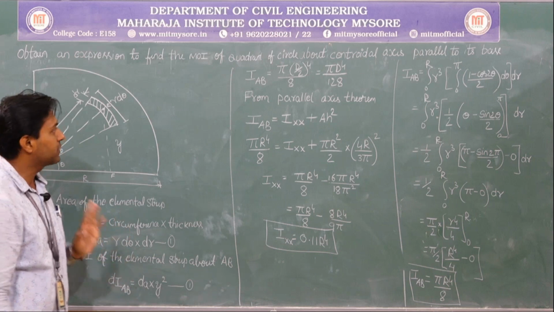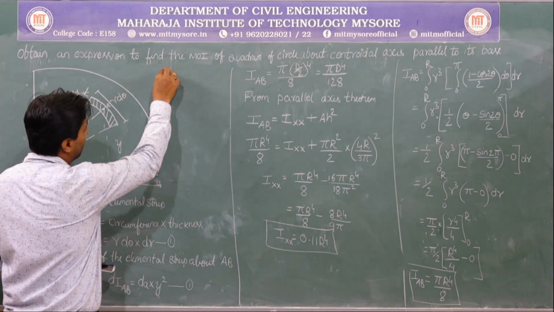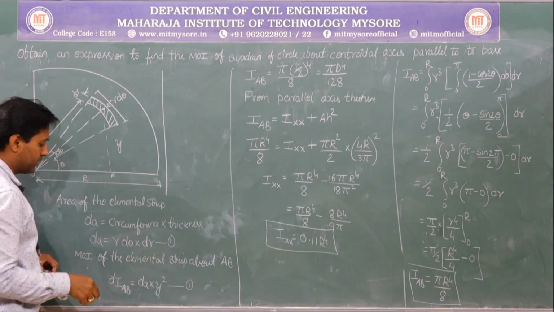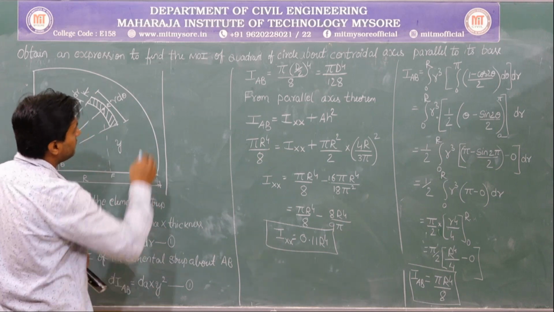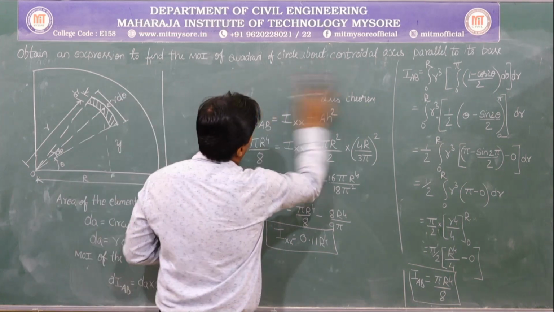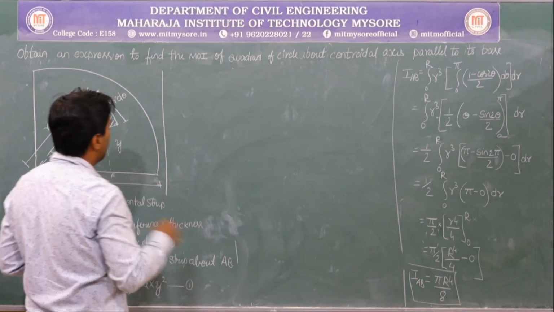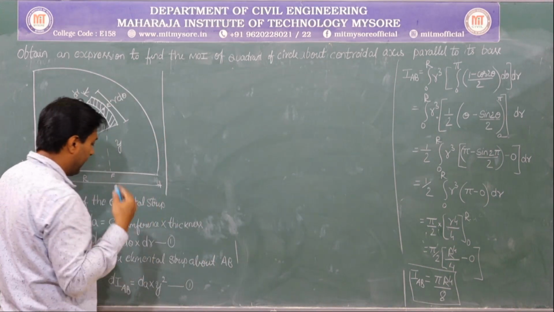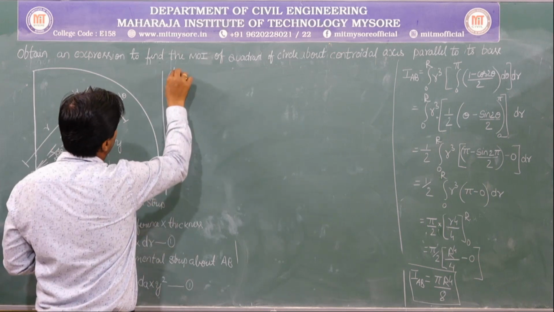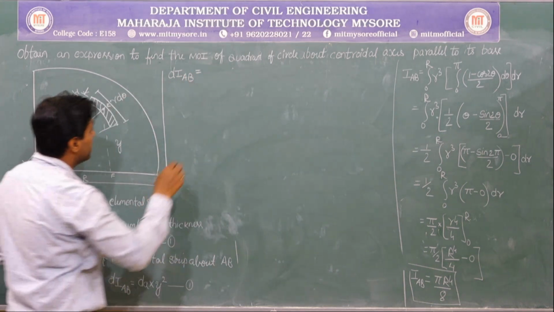No doubt in that. Next, I need to do some more here. I will be doing it here only so that I can alter this. So let me substitute all the values here. dI_AB is equal to, what is dA?